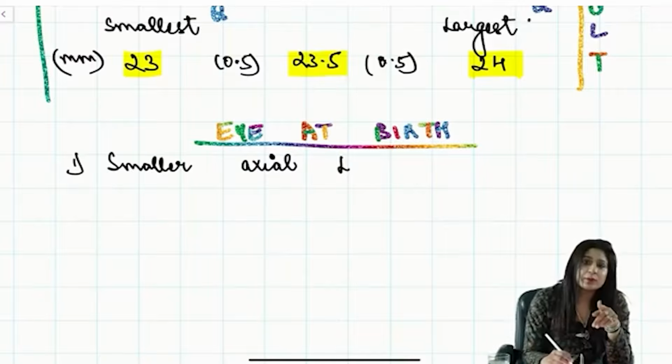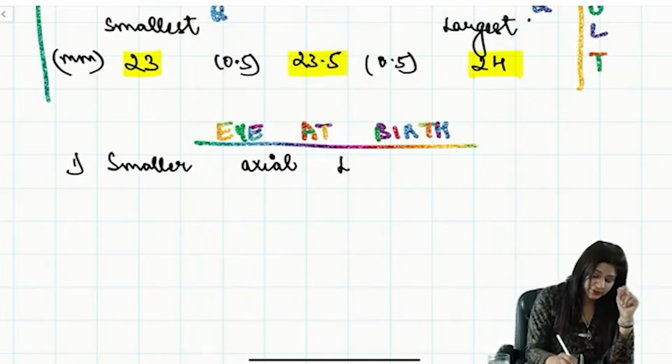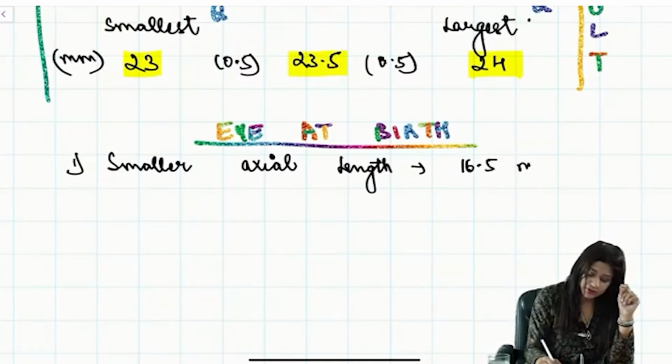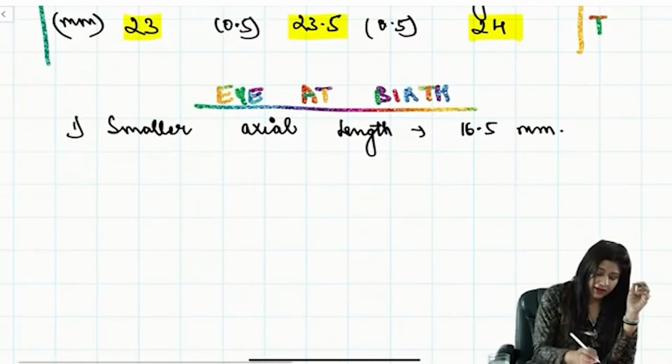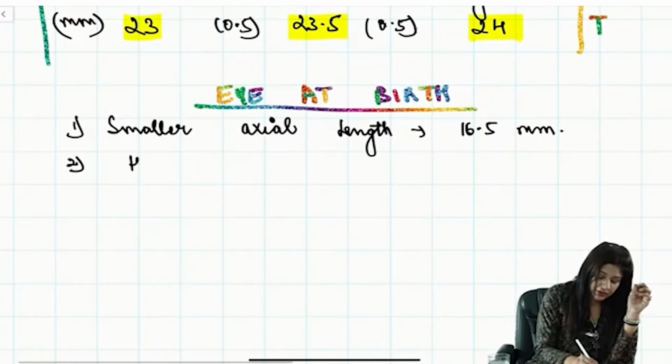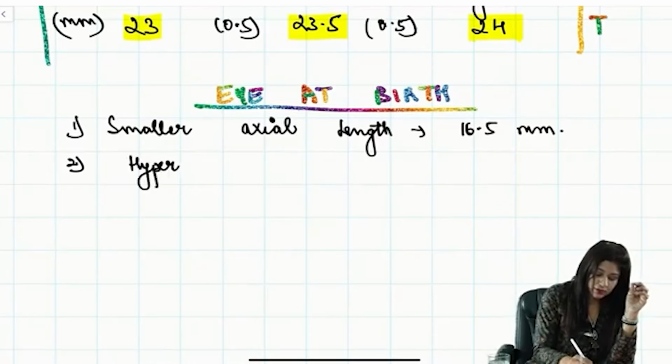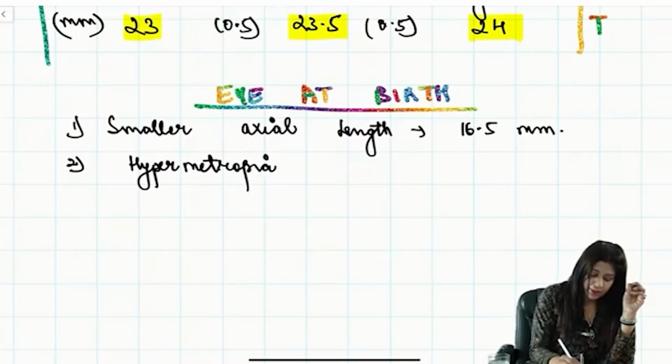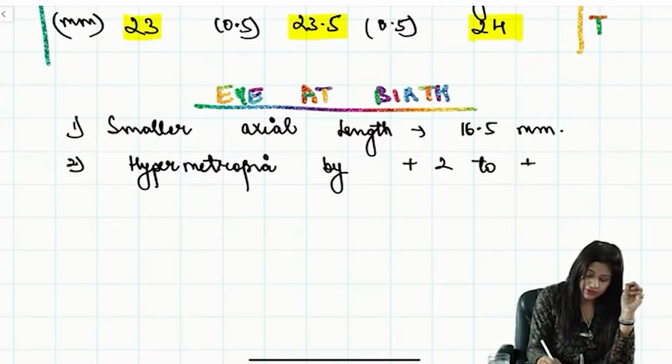Adults are emmetropic and newborns are hypermetropic. Good. Small axial length is 16.5 mm. And therefore, we are having the hypermetropia. Therefore, we are having the hypermetropia of +2 to +3 diopter.